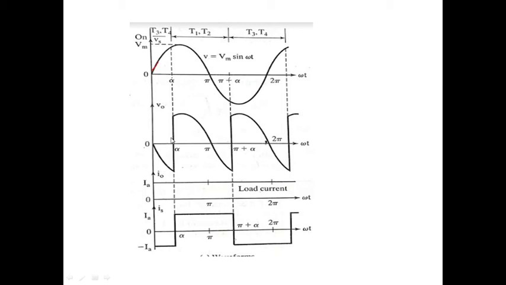So pi plus alpha minus alpha, I can say that the period is pi, from here to here the angle is pi. And this waveform is acting like a sinusoidal waveform. So I can use Vm sin omega t to model this waveform.